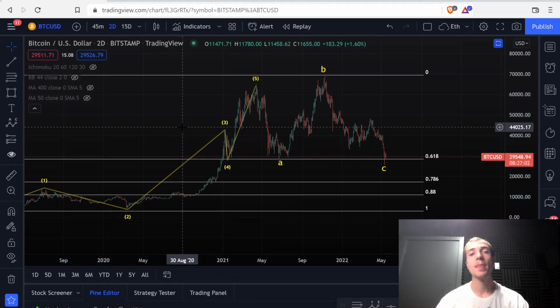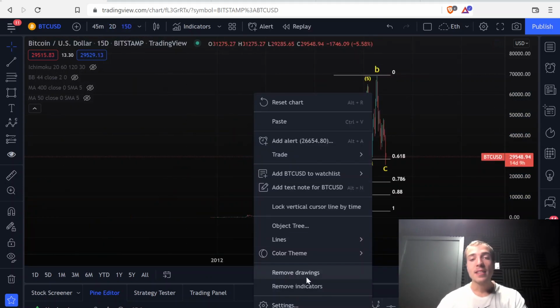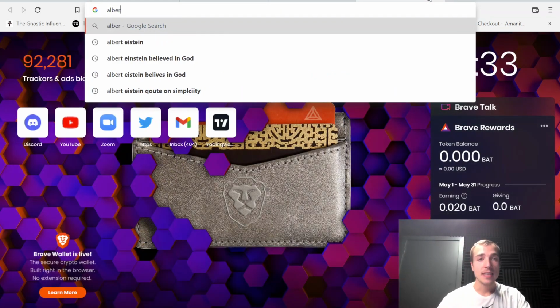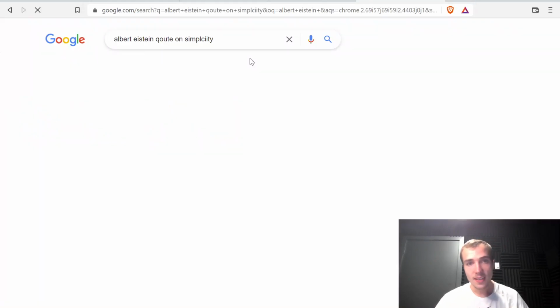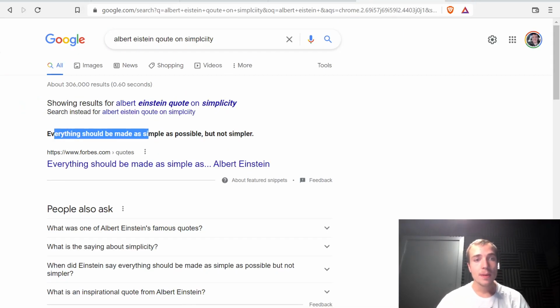It's beautiful. So for me, you guys, I like to simplify the process of trading. Again, Albert Einstein said, everything should be made as simple as possible, but not simpler.